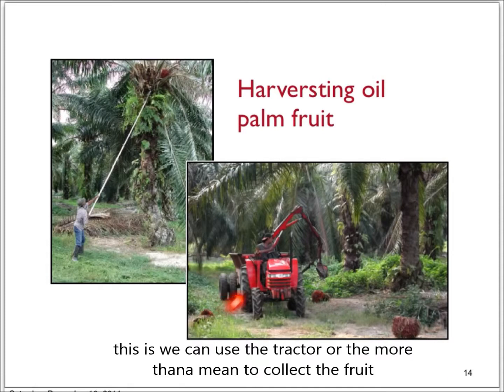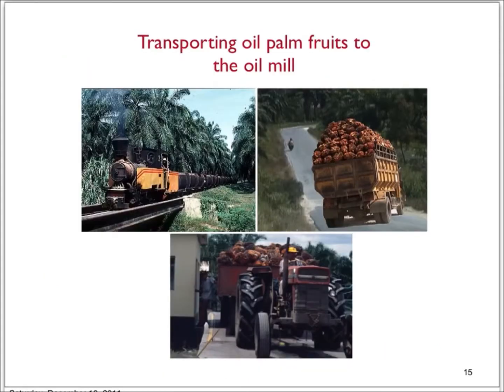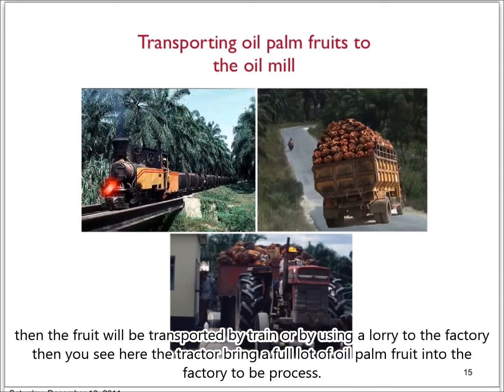These days we can use a tractor or other modern means to collect the fruit. Then the fruit will be transported by train or by lorry to the factory. As you can see here, the tractor brings a full load of oil palm fruits into the factory to be processed.